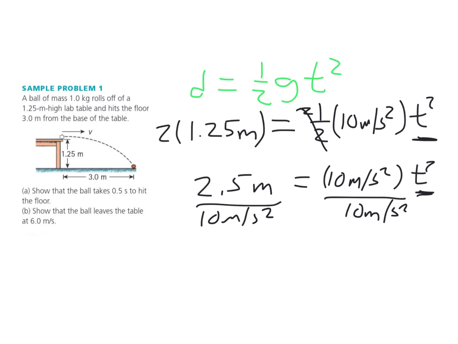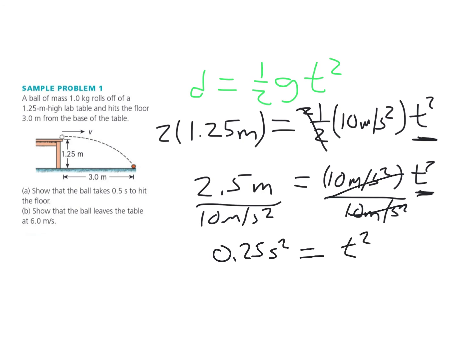But the important thing is that you have 2.5 divided by 10, and that gives you 0.25 seconds squared is equal to t squared, since over here the tens are going to cancel.